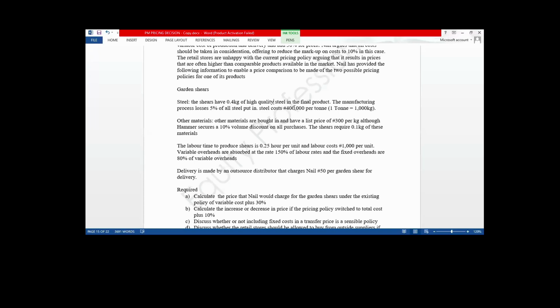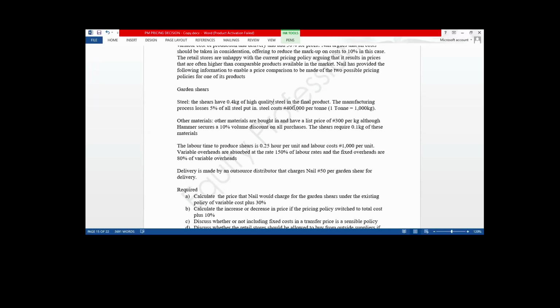That means if I introduce this raw material, this steel, 5% will be bad. That means if I introduce 100% of raw material called steel for my production, 5% of this raw material will go bad.